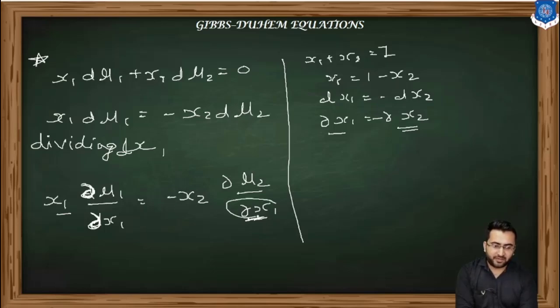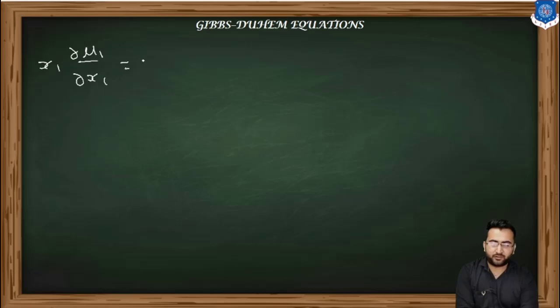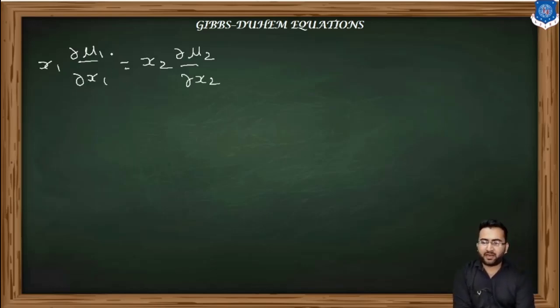If we replace this del x1 with minus del x2, then minus minus becomes plus. So it becomes x2 into del mu 2 upon del x2. This is how, from the data of component 1, we can find the chemical potential data of component 2. So this is the Gibbs-Duhem equation in terms of the chemical potential.